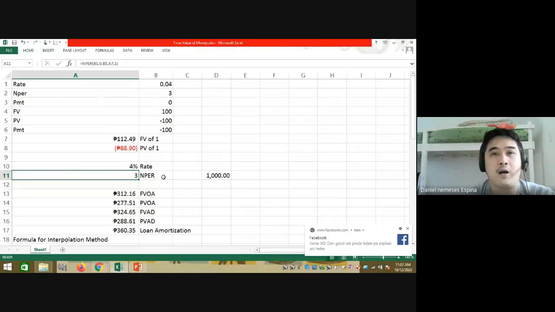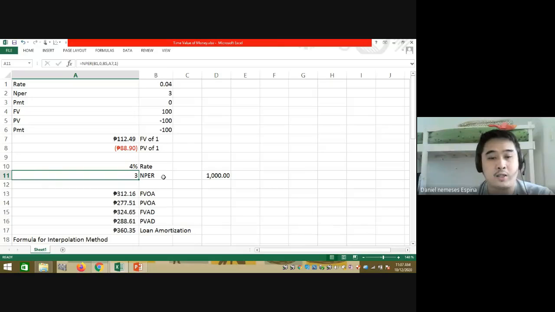How about if what's lacking, what we're looking for, is N or NPER? Okay, so number of periods. Again, you use the formula equals NPER. So we have the rate now, NPER, open parentheses, 4%. Payment, lump sum, we haven't gotten to annuities yet, so we use the lump sum. So the payment is 0.